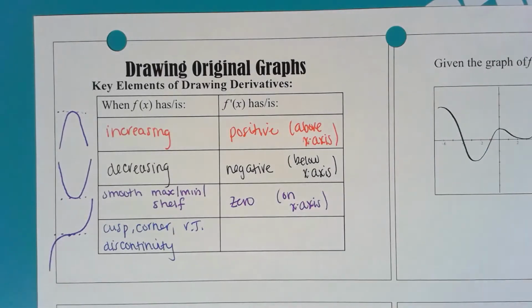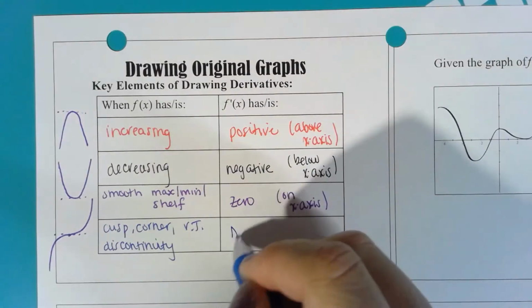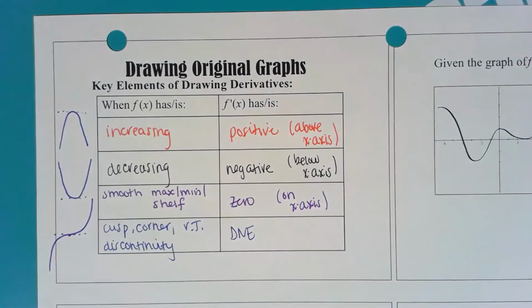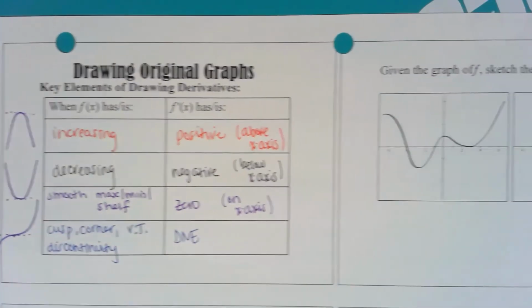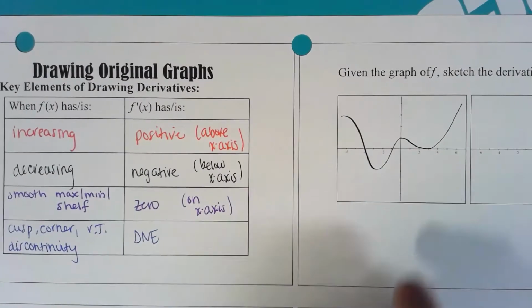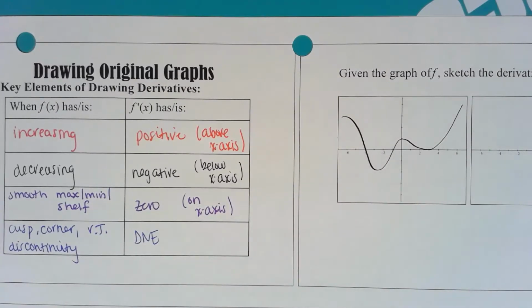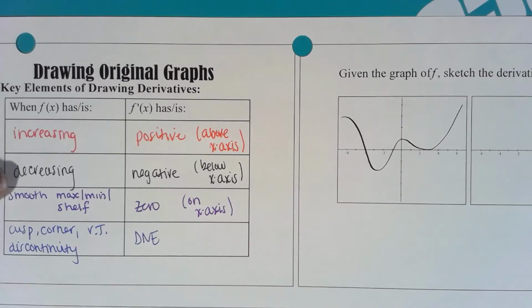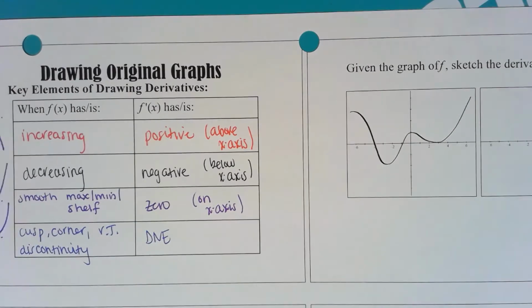If our graph has any of those things, the derivative does not exist. That's that whole concept of differentiability. We can use this to speed up our process from yesterday. Instead of looking at specific points and using the spaghetti to calculate the slope, we're going to look for these four key things.